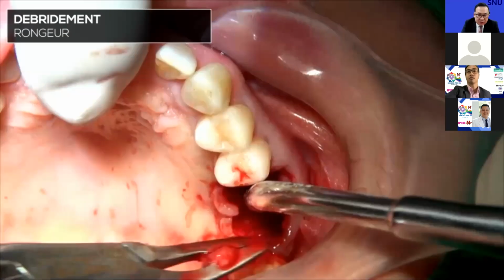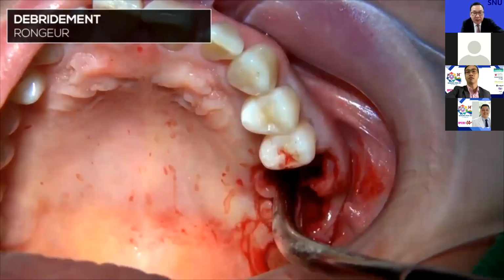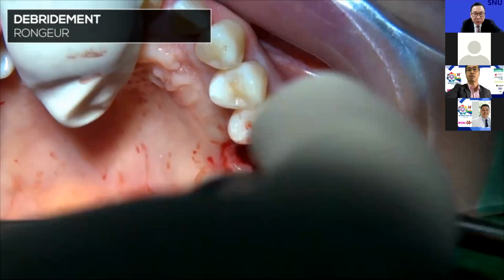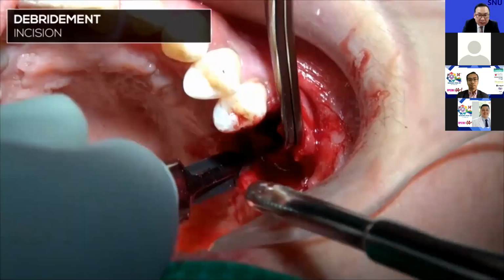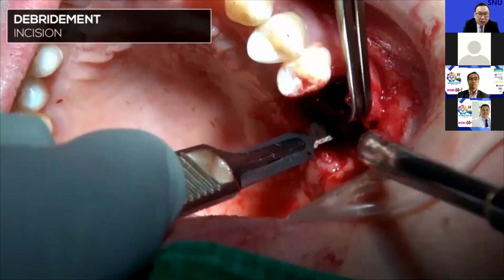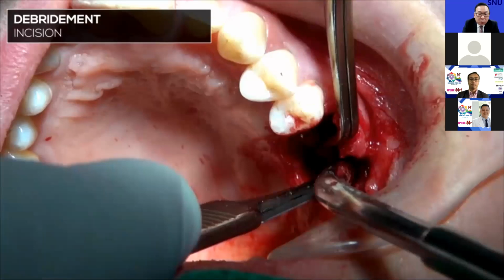Remember, this is the same case, same patient, and we're spending a tremendous amount of time to debride the area. And then finally, we are finishing off with the blade.